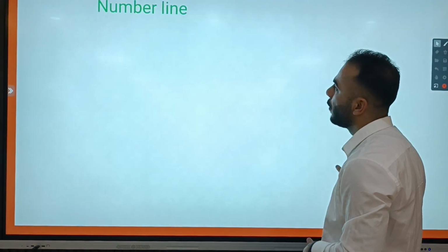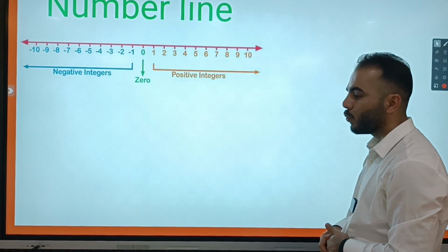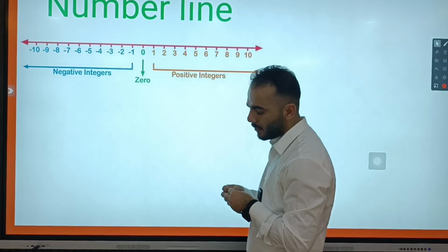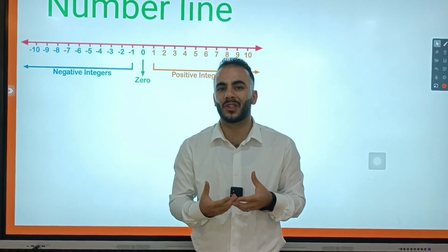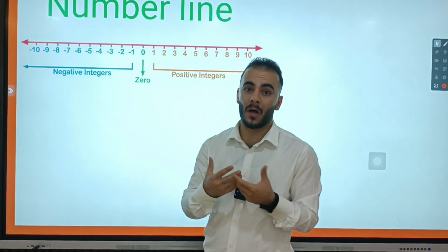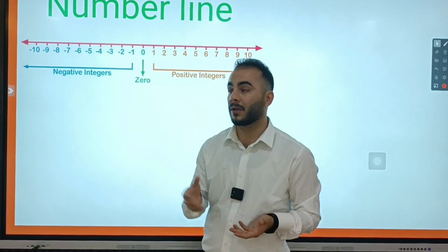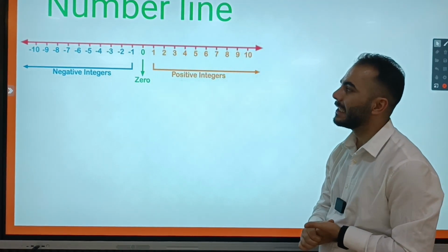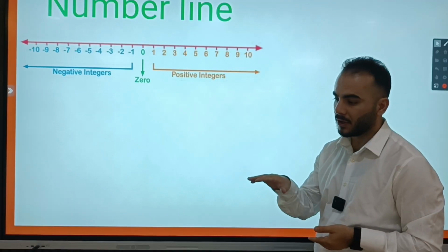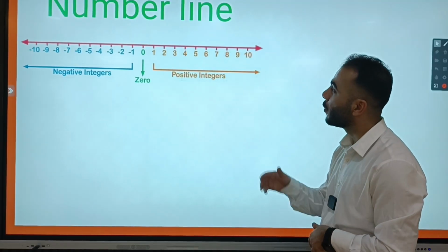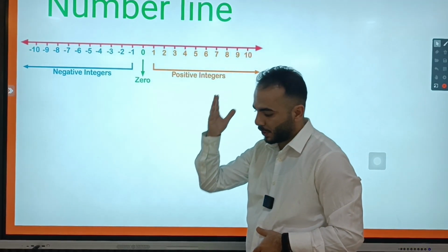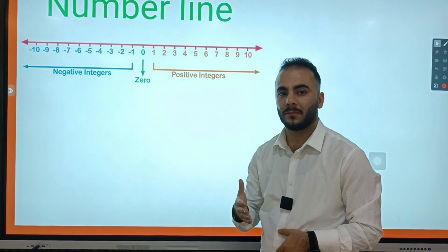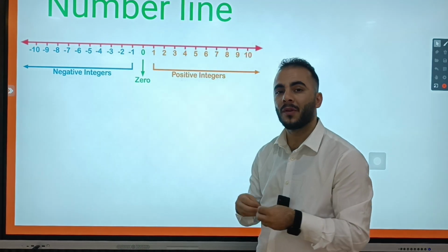And then we have the number line. Well, the number line, you are already familiar with this mathematical term. It is a line that has two directions, left and right. So here, a number line is a line that has numbers on it. We show the middle of our number line with number 0.